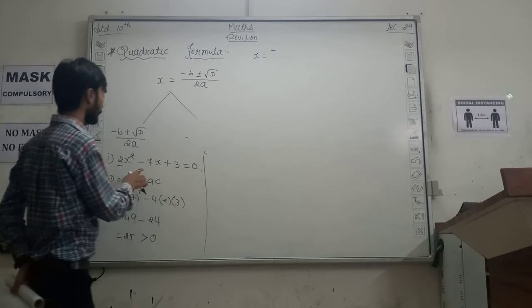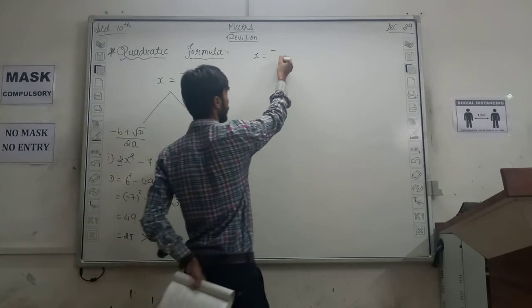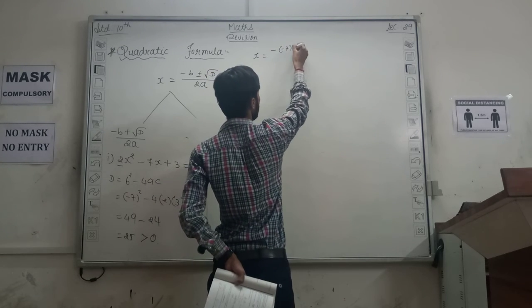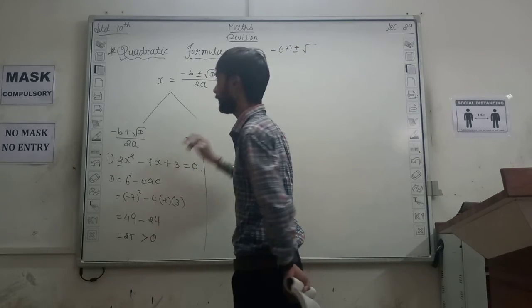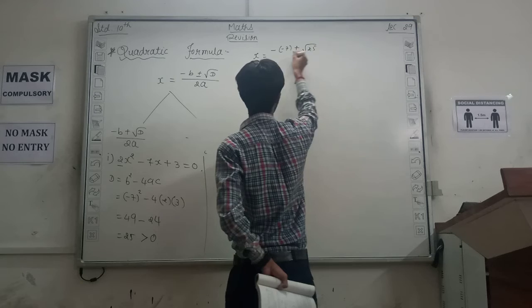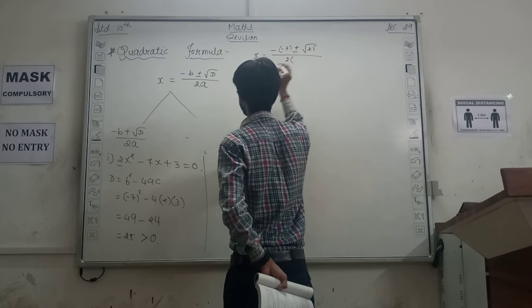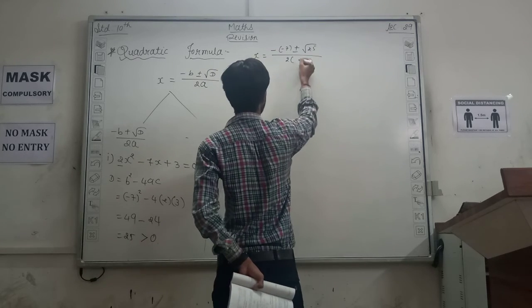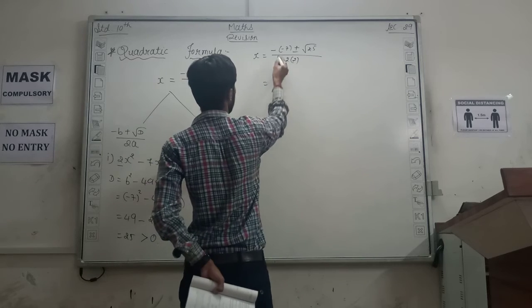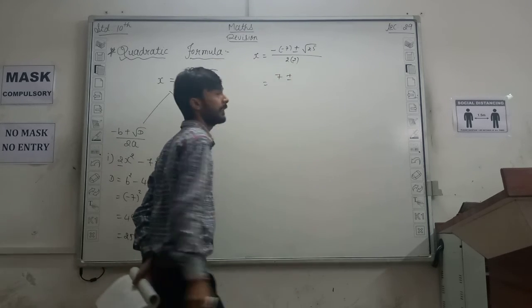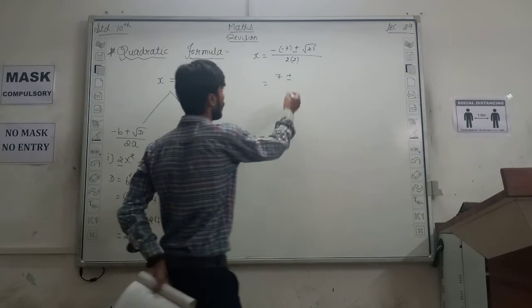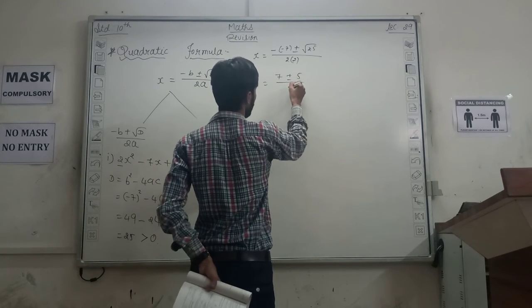So what is b? b is minus 7. So in place of b, minus 7. d is 25, so square root of 25. a is 2. So minus minus plus 7 plus or minus root 25, that is 5, upon 2 times 2, which is 4, right?